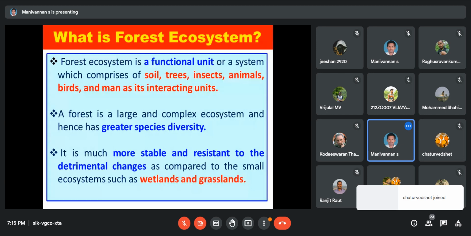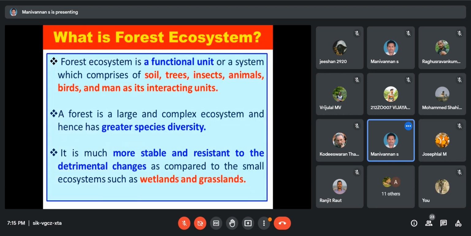Forest is a large and complex ecosystem and hence has a greater species diversity. The special feature of the forest is that it is more stable and resistant to detrimental changes. It is more stable and withstands disturbance compared to other ecosystems, for example wetland and grassland ecosystems.